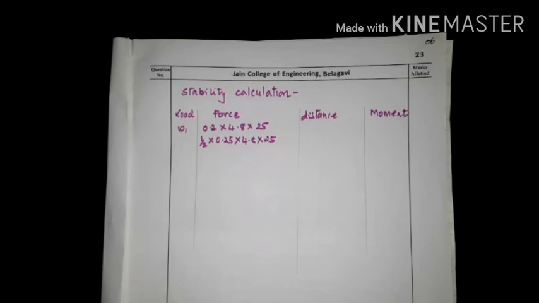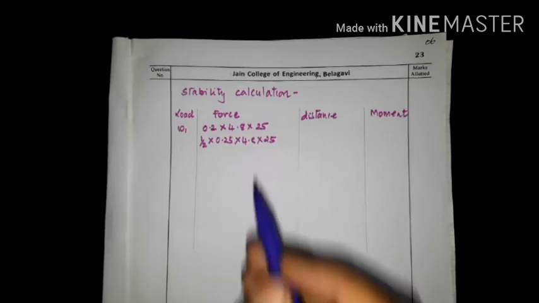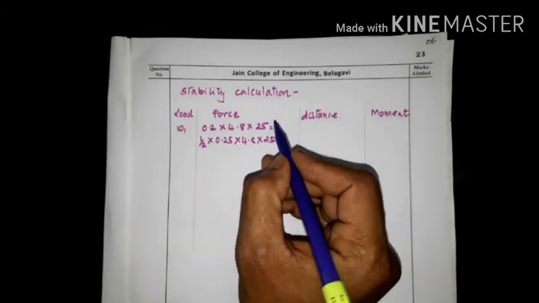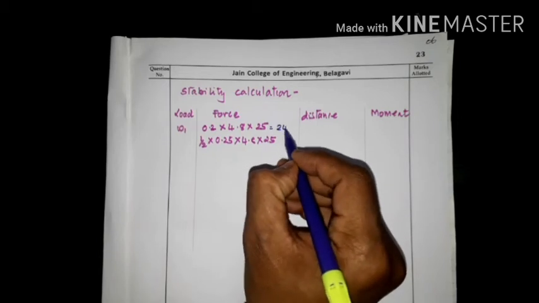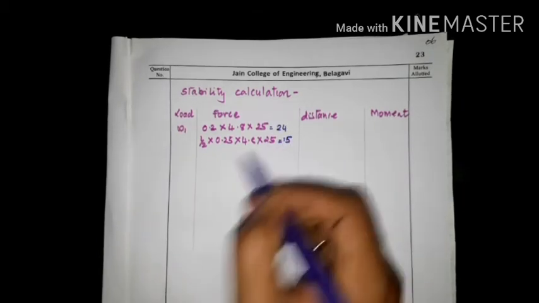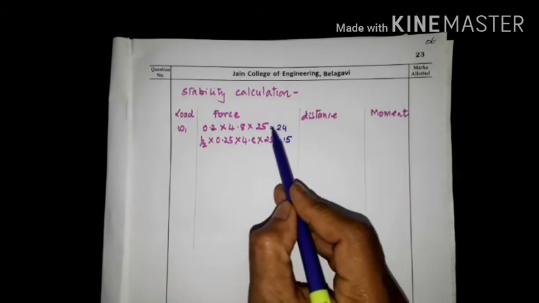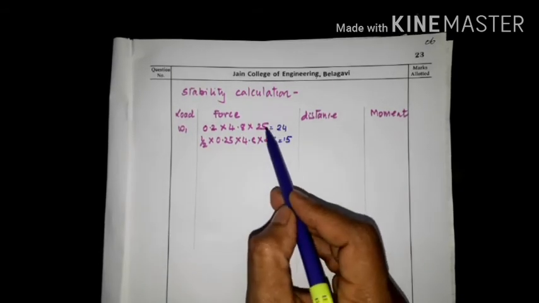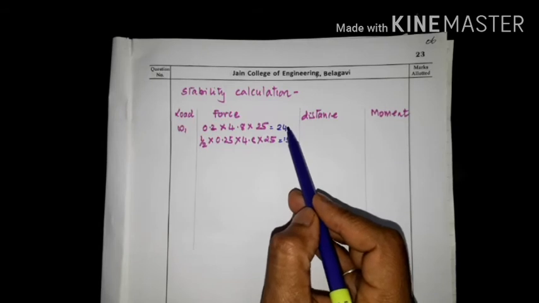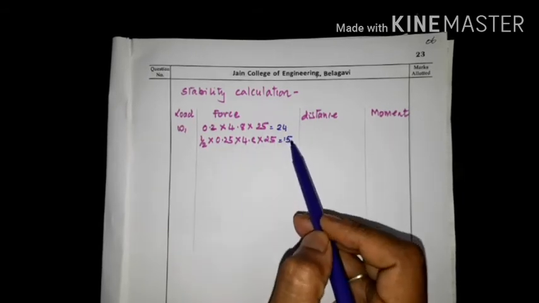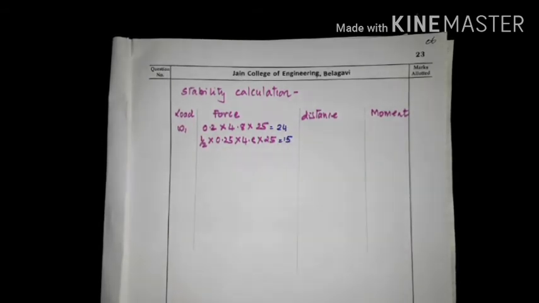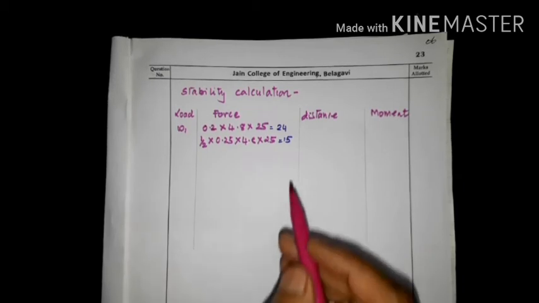So we get the intensity of this force as 24 and this as 15. Correct? After the calculation, the intensity of load W1 is rectangular 24, triangular 15.